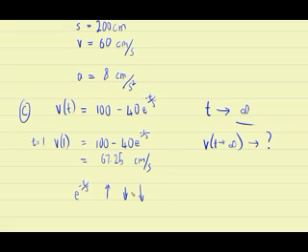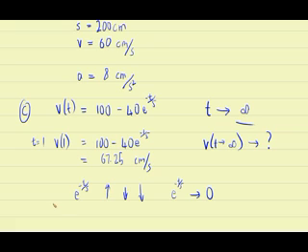So we can say as t approaches infinity, e to the minus t on 5 will approach 0. In the limit where t is equal to infinity, this will be equal to 0, so this part of the expression will be equal to 0.